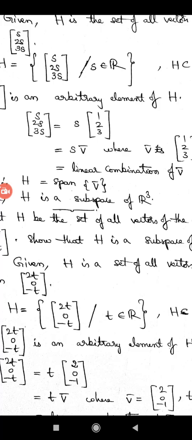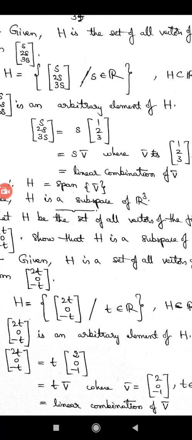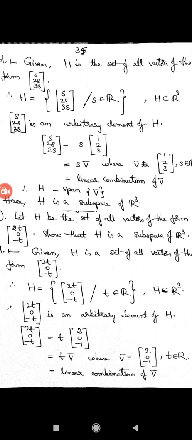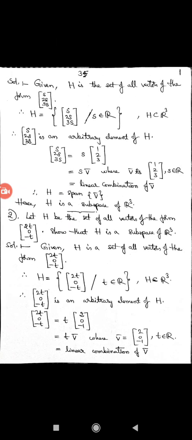That leads us to the conclusion that H is a subspace of R3, as here the vector space is R3. So we could show that in this problem H is a subspace of R3.